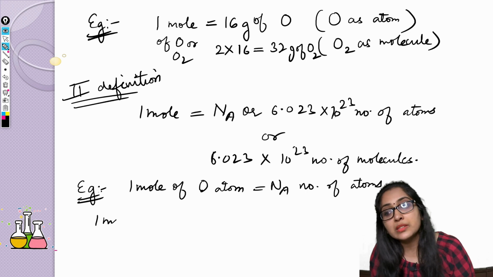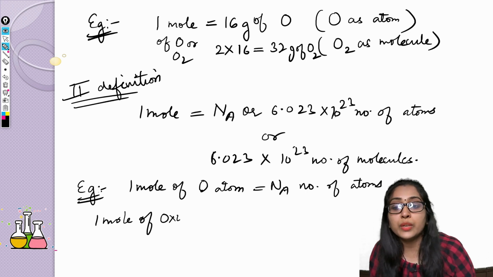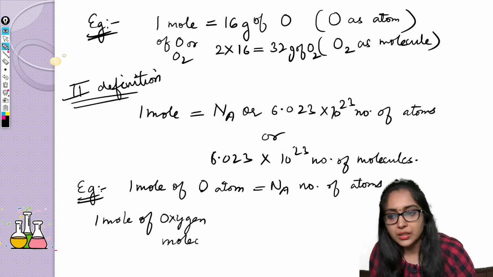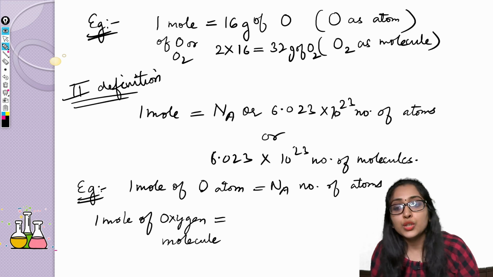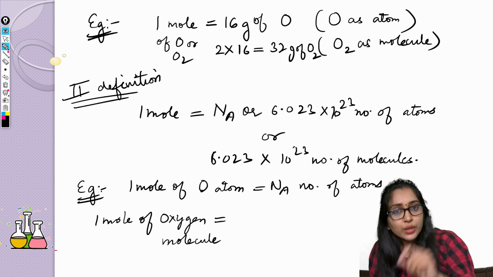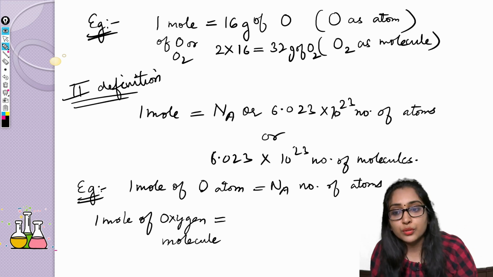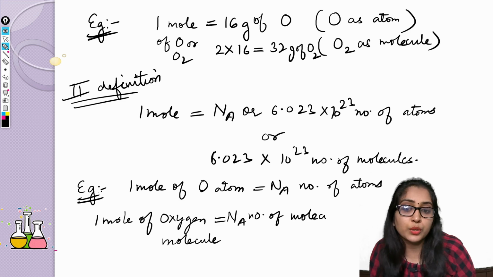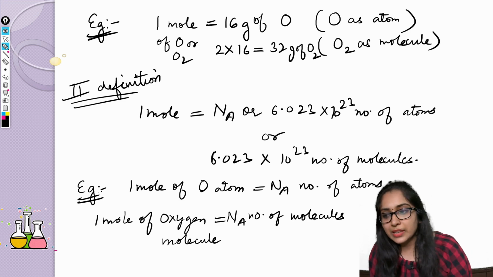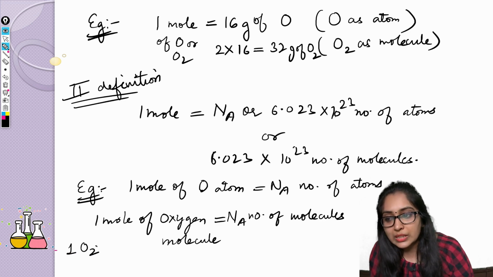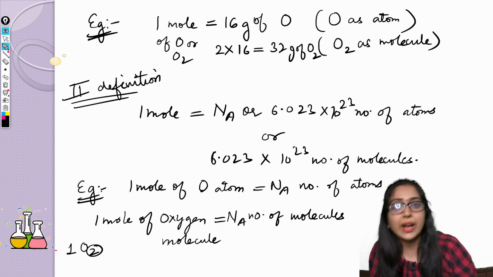But if I am considering 1 mole of oxygen molecule, you have to write Avogadro number of molecules. But if I ask you how many atoms, as you can see, one molecule of O2 consists of 2 atoms, right?